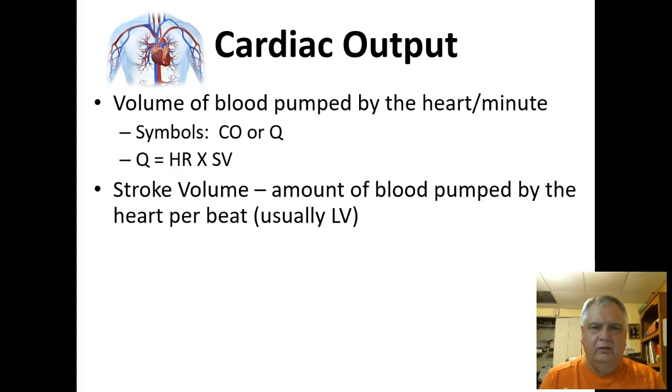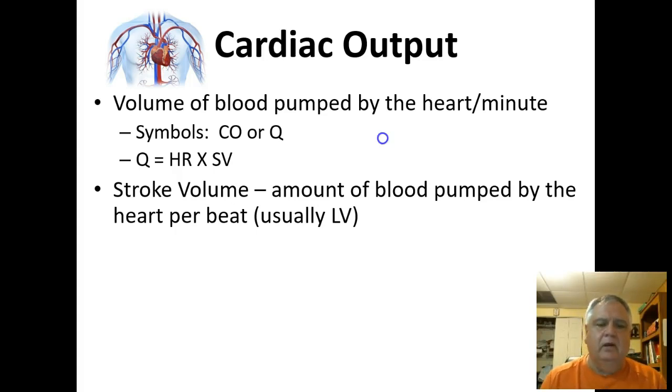When the heart beats, unless there's some kind of disease state, it will self-adjust, so the output of the left ventricle is going to be matched by the output of the right ventricle. That's why we usually associate it with the left ventricle. So the cardiac output would be the heart rate times the amount of blood pumped out of, let's say, the left ventricle per beat.